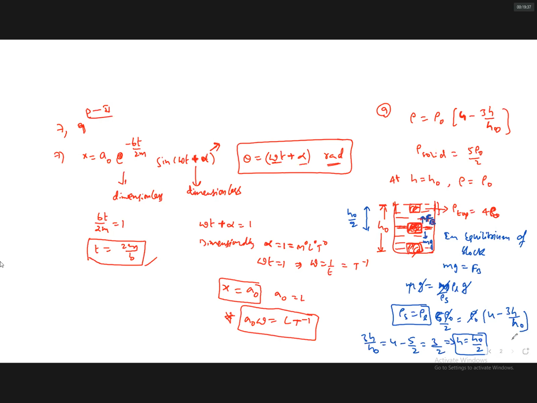Therefore, the restoring force can be calculated as the extra buoyancy force. Restoring force is equal to extra buoyancy.